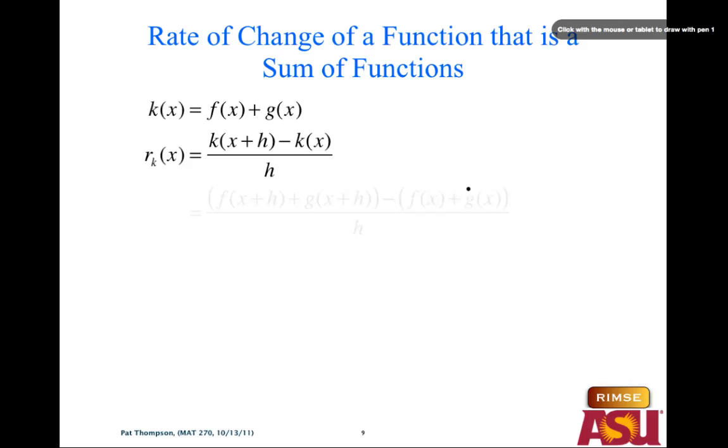So this expands to, I guess, that. That's not hard, right? We know that this is true. So k of x plus h is simply f of x plus h plus g of x plus h minus k of x, which is f of x plus g of x.